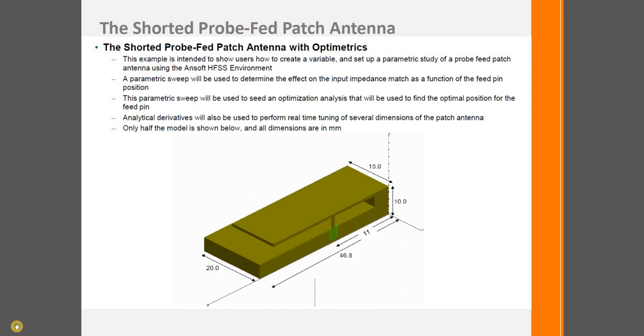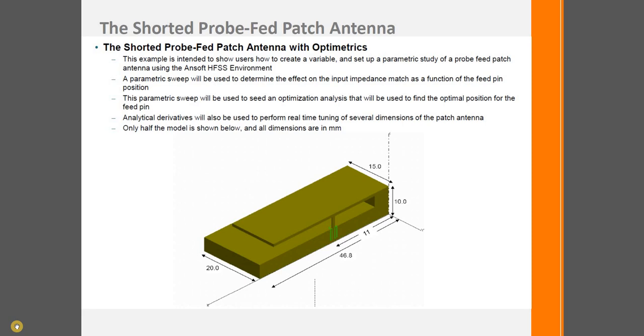to see the effect on the input impedance of the antenna, and to see how the position of the feed can be used to match the impedance of the antenna, as a function of the feed pin position.